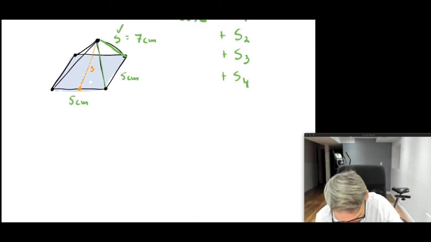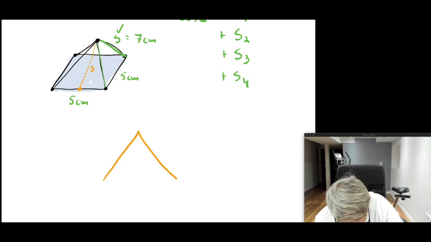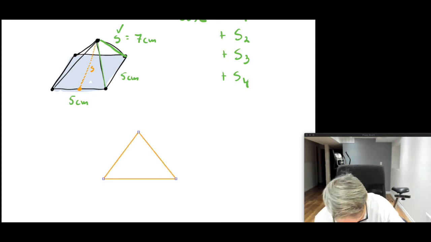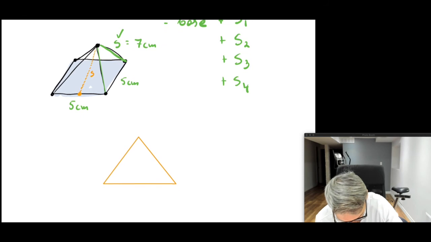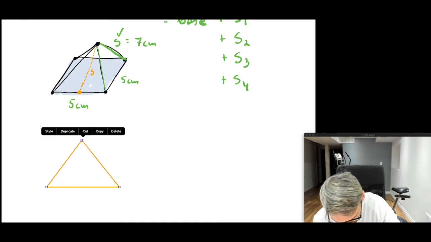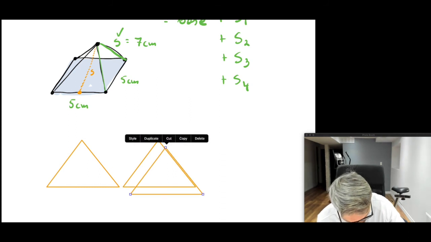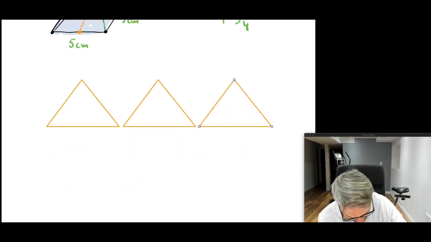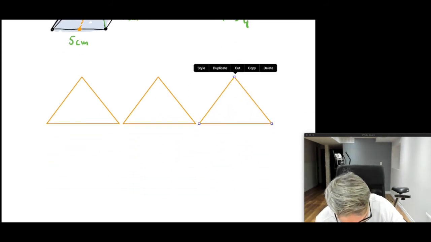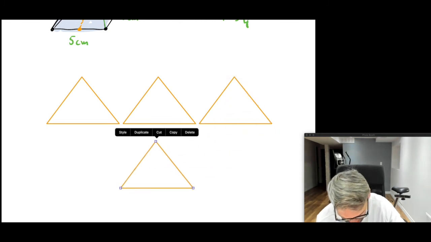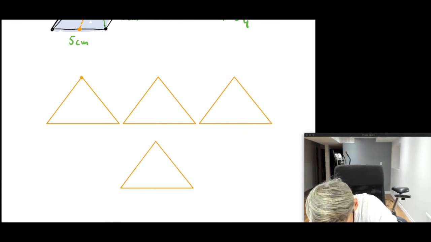If I take this triangle, now you would have 4 triangles, because there are 4 of them. Let me duplicate this. You have 1, 2, let's duplicate it, 3, and we have 4 of these. What I'm referring to is this: from the midpoint.